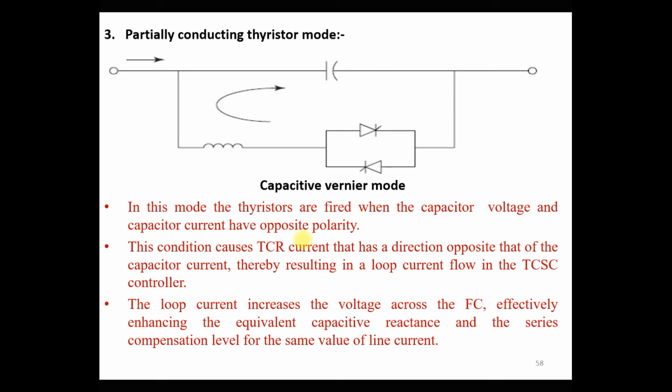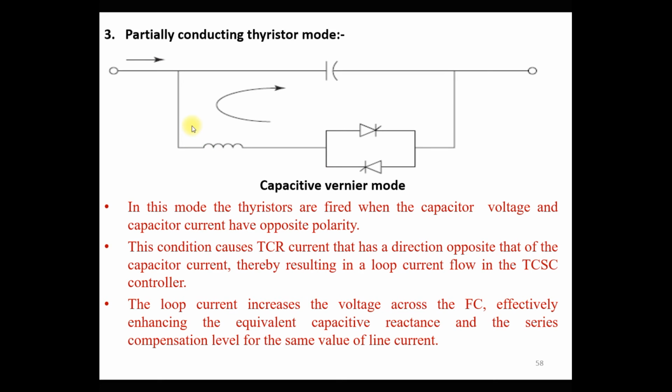It means if the capacitor voltage is negative and at the same time the capacitor current is positive, at that time we fire these thyristors so that we can get the capacitive vernier mode.